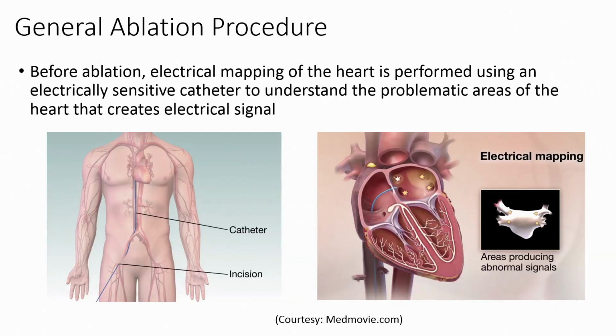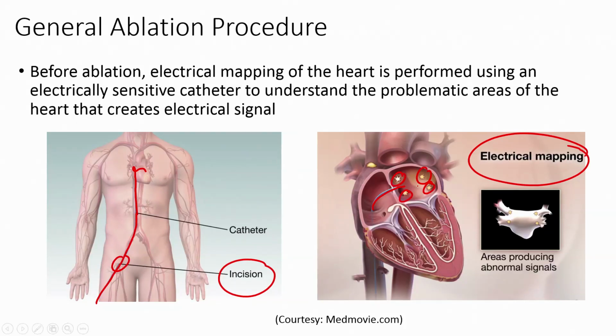Now, before ablation, as we have seen in the video, electrical mapping of the heart is performed using an electrically sensitive catheter to understand the problematic areas of the heart that create electrical signals. Like you see, there is a small incision created here and the catheter is inserted, it is moving towards here, goes inside and reaches here. Then the electrical mapping is carried out to understand which area is causing the misfire of the signal.